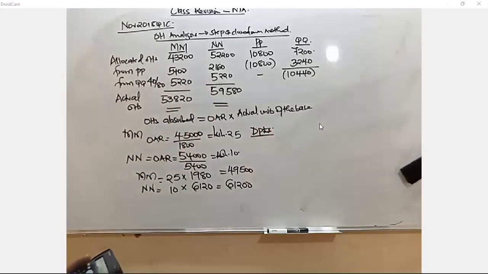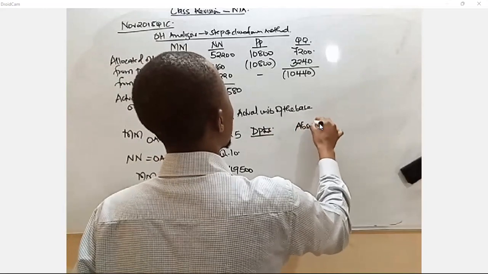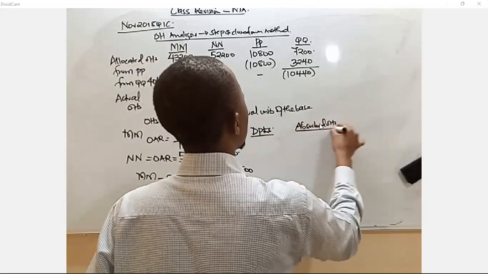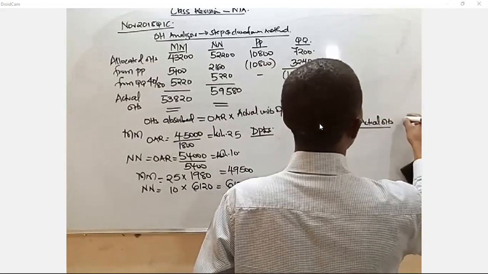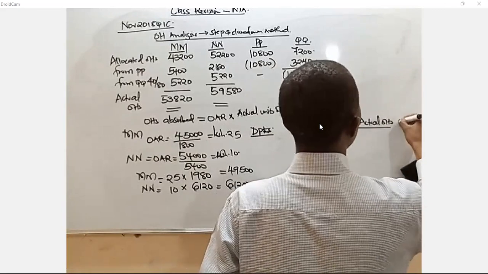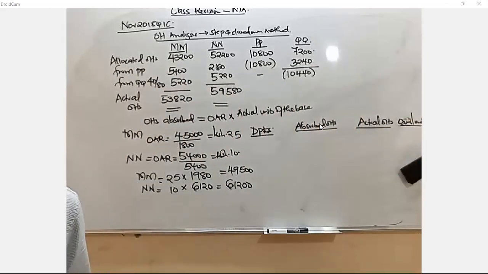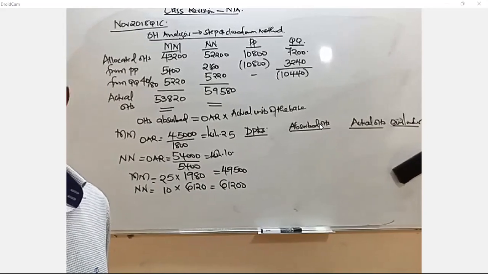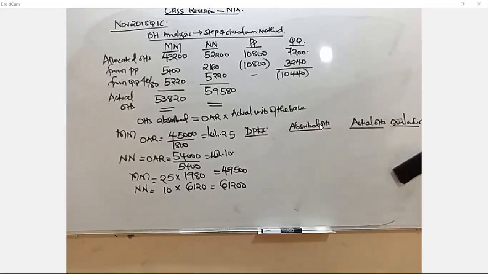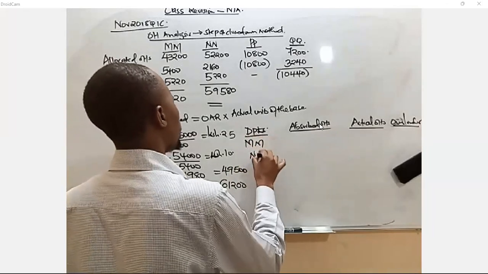We have the absorbed overheads, we have our actual, then we look at over or under absorption of these overheads. So let's start by looking at the departments. We have MM, then we have NN here.